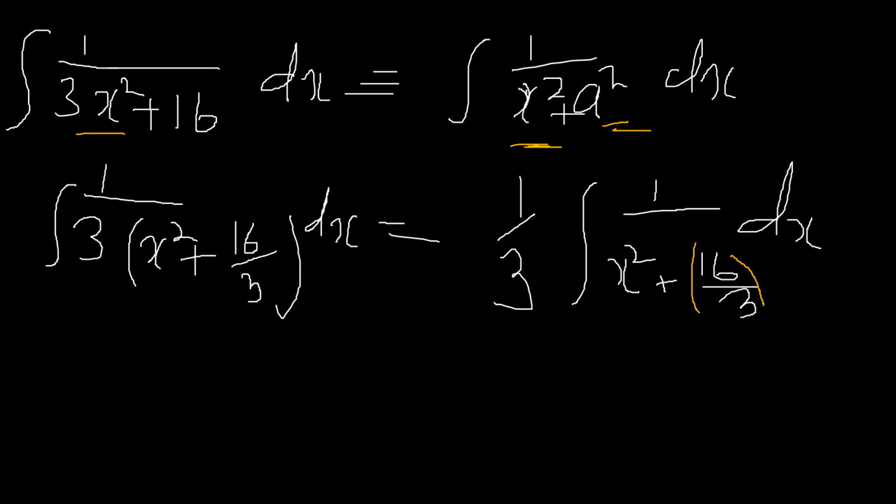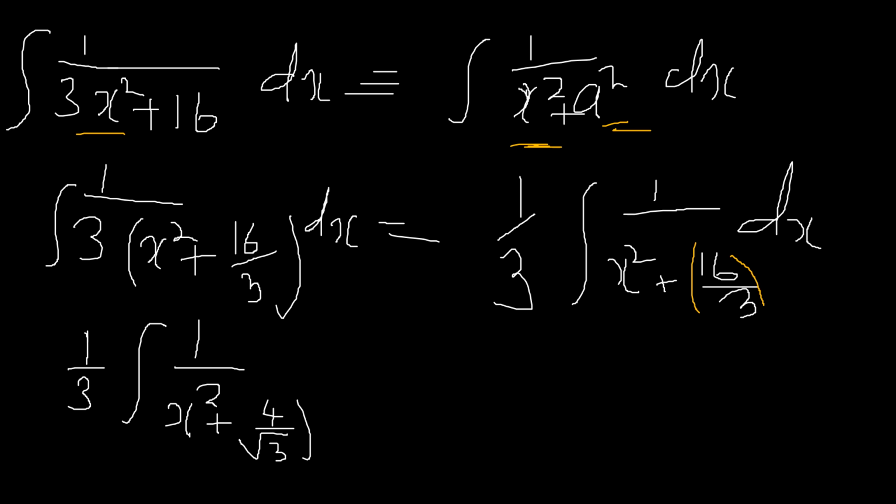So if we write this one, then we have 1 over 3 the integral of 1 over x squared plus, this is like 4, we all see that, over square root of 3, put in brackets squared, dx.